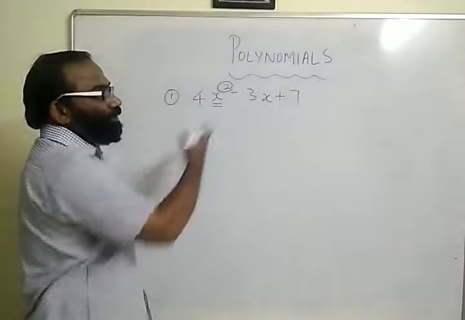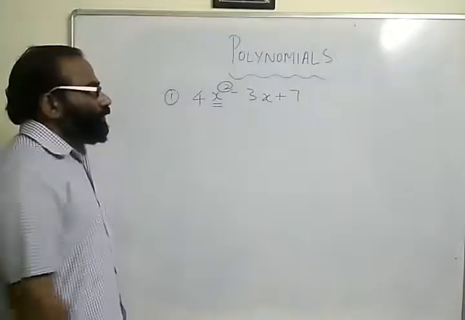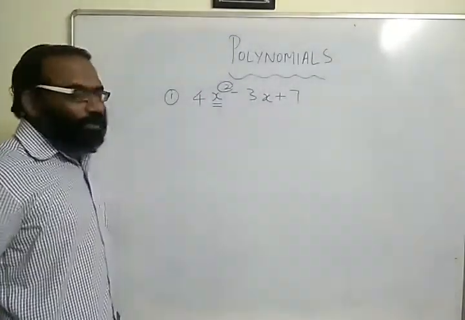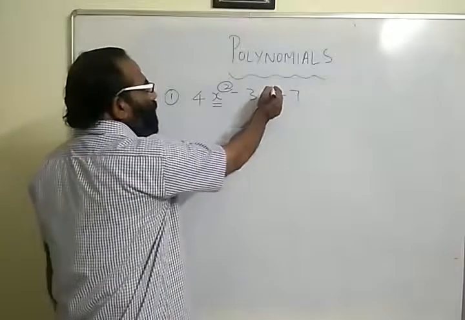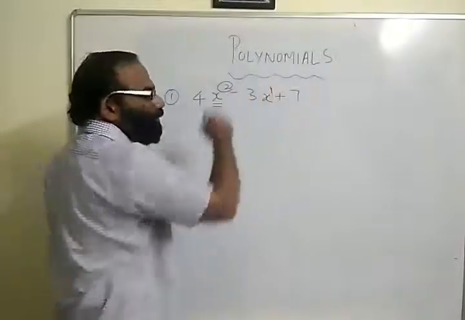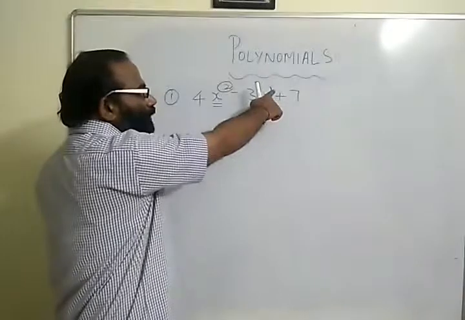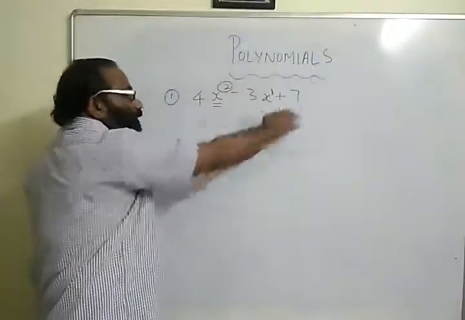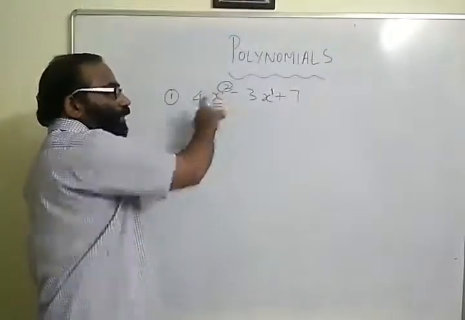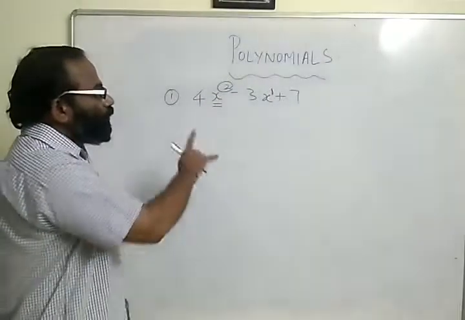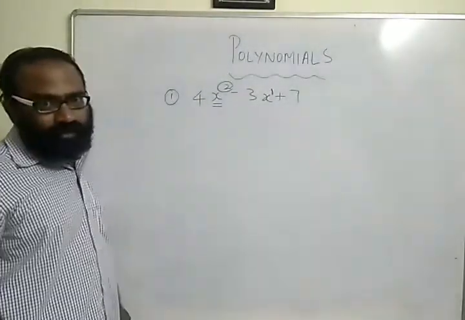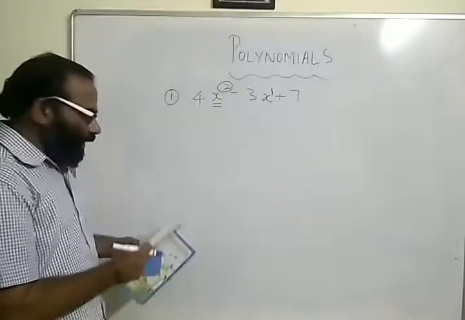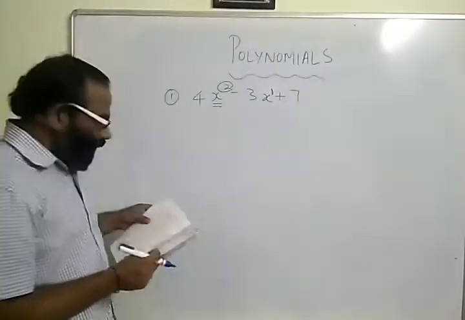There is only x, there is no other variable. The power of the middle term is 1. So the degree of this polynomial is 2, and it is a polynomial in one variable.